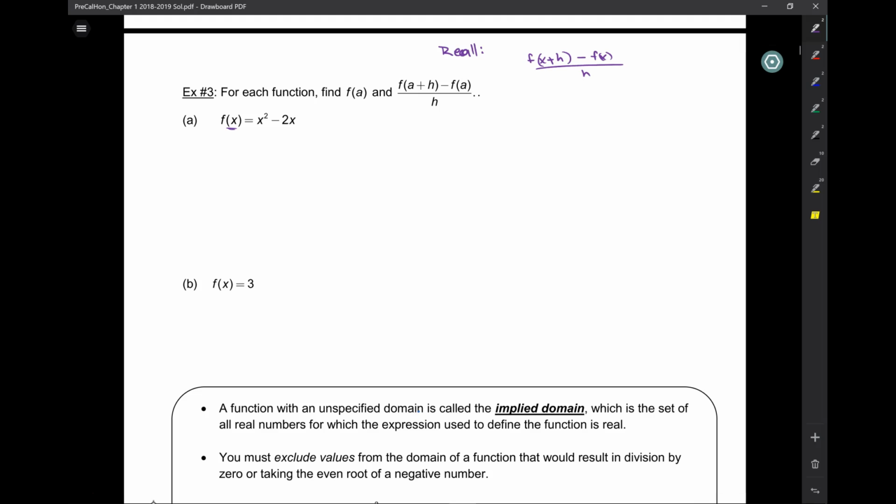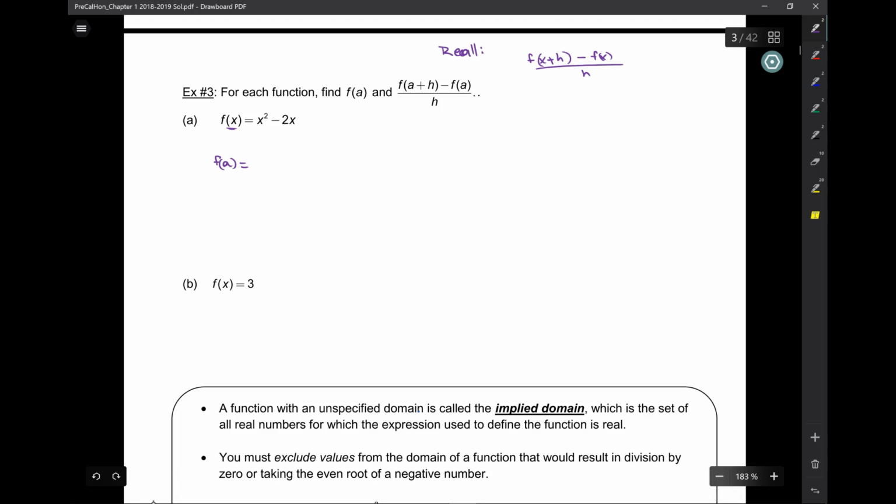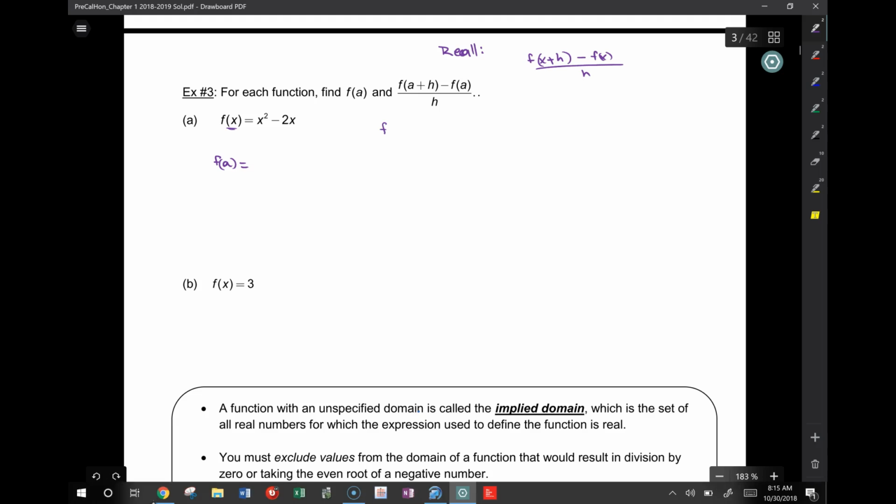This is what I'm given. I'm given f of x. What I need is f of a. Okay? So f of a is going to be, I'll write it here, f of a plus h minus f of a over h.